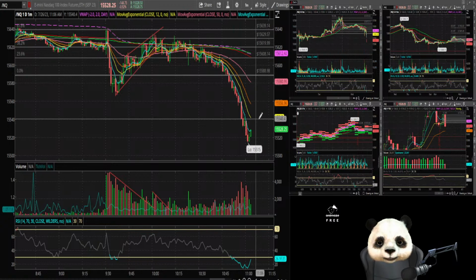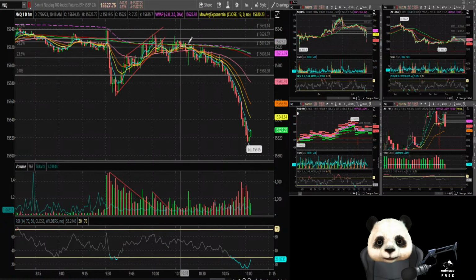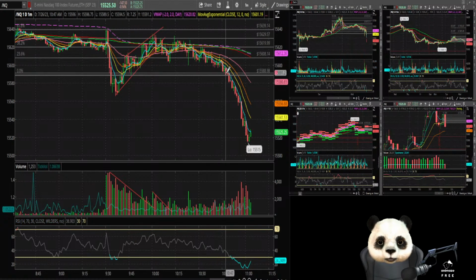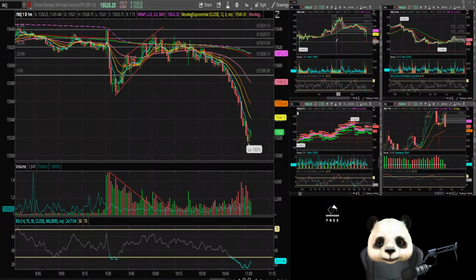And then, we'll see. But if this isn't a beautiful inverse U, break through that previous low, continuation down. She's a beauty. She's a beaut.